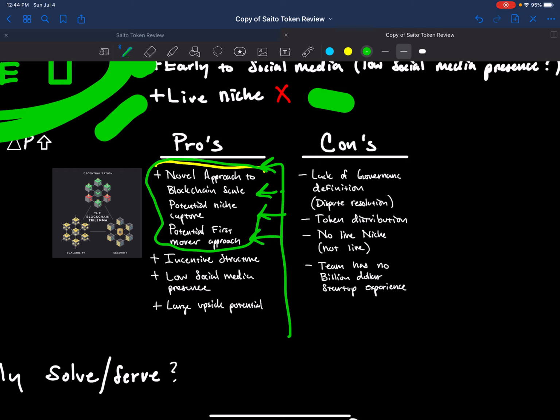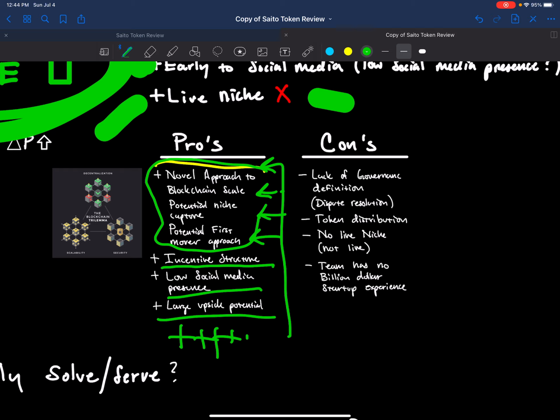And of course, that makes sense now when you really think about it, to have a blockchain cost associated. So the A+ for incentive structure. Low social media presence is a great thing because that means you're early, and large upside potential. This thing does have some very large upside potential.